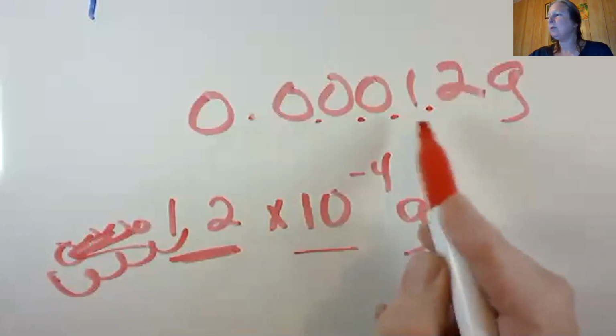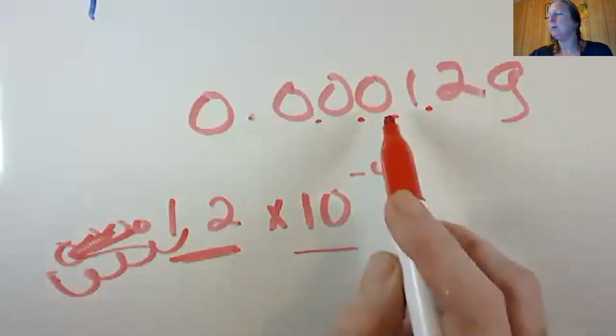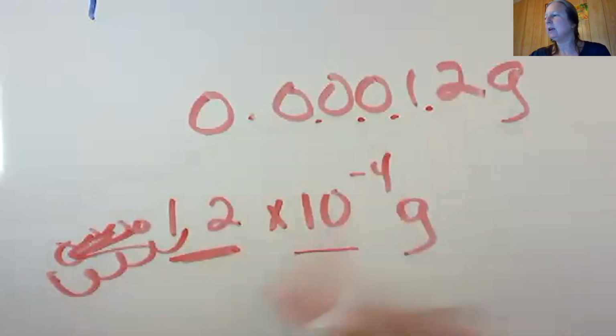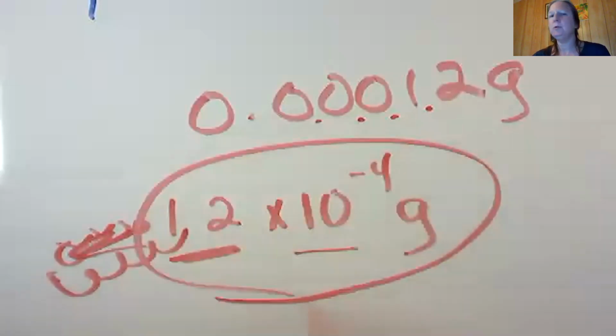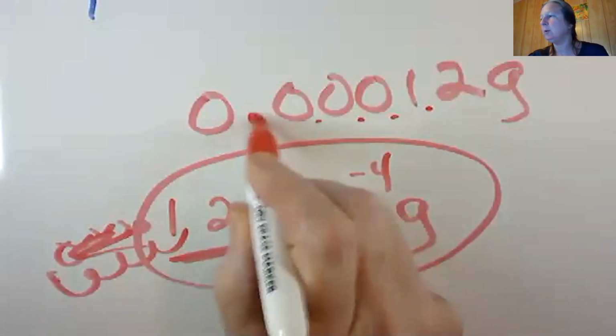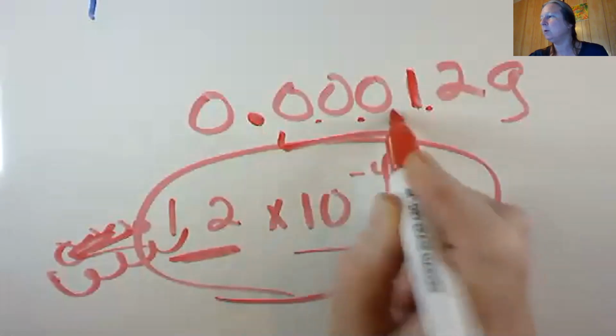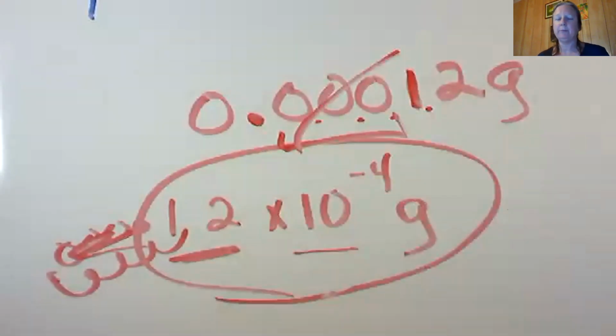So the question you ask yourself is, if a zero is significant or not, can I rewrite my number in scientific notation and not lose any of the information? If you can, then those zeros are not significant. They're placeholders. So a zero between a decimal place and the first digit is a placeholder only, and they're not significant. Okay?